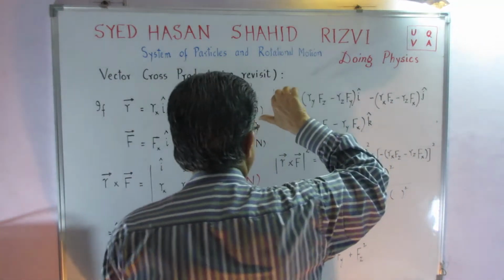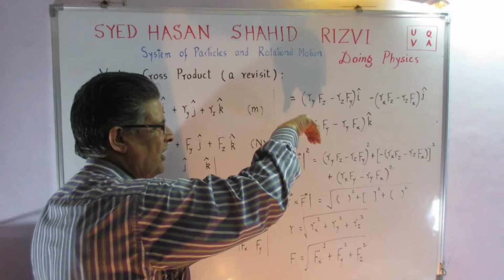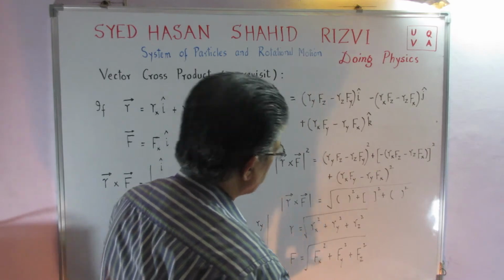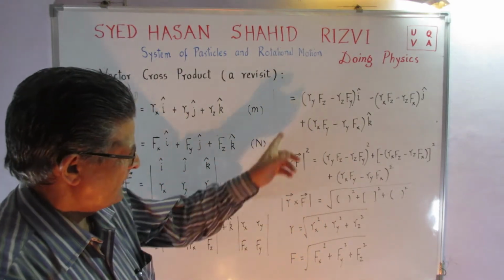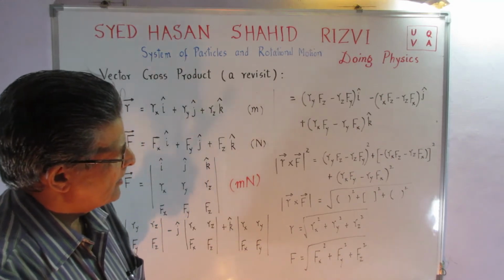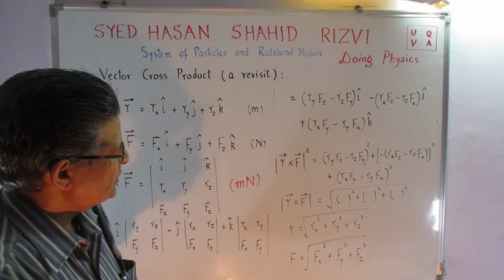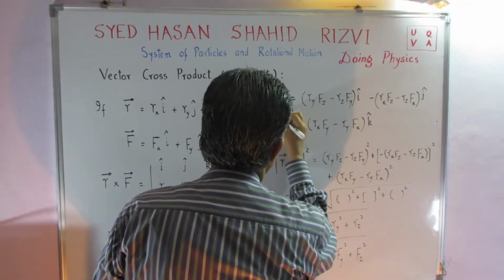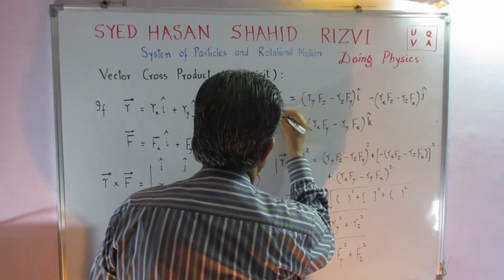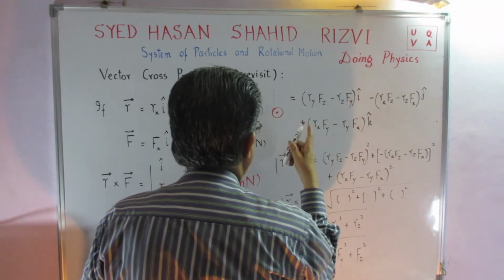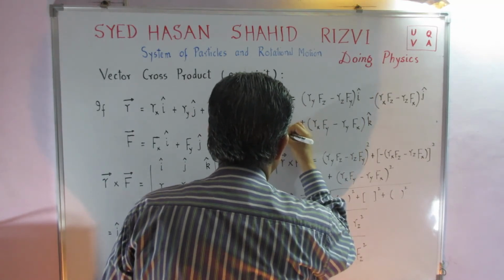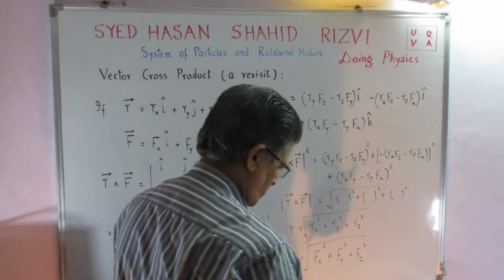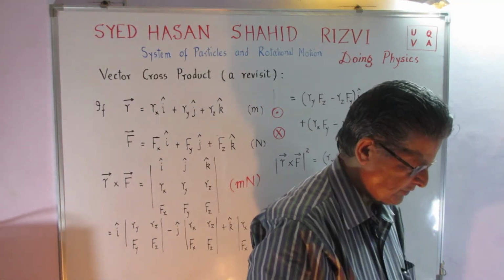If I come like this, then my thumb is inside, so the product vector will be into the board. If you have forgotten, just to remind you, this is the symbol of an arrowhead coming out of the board, and this is the rear of the arrow going away from us into the board.